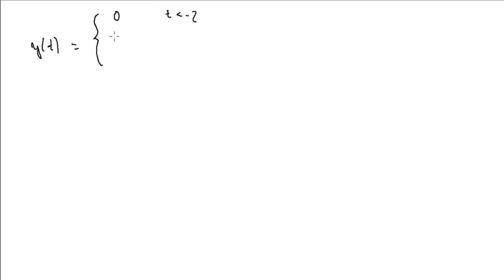It's equal to t plus 2 for t in the region between minus 2 and plus 2. And it's equal to 4 for all t greater than 2. So I can sketch what that looks like.